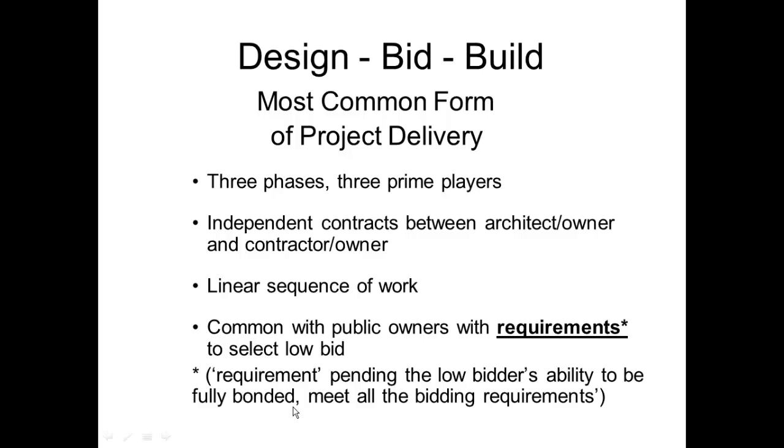Now, a bond for a general contractor is an insurance policy that says to the owner that they are insured if something happens and this company goes belly up, goes bankrupt, loses its ability to complete the work, the insurance company will step in and finish the work for them with that insurance policy. Now, contractors don't get too many chances on this.